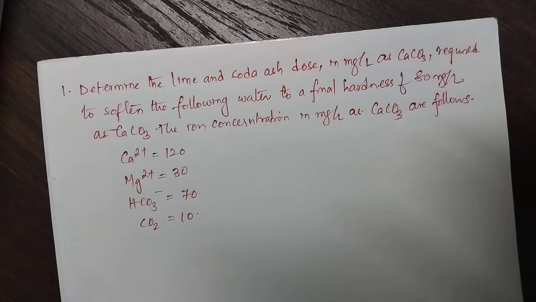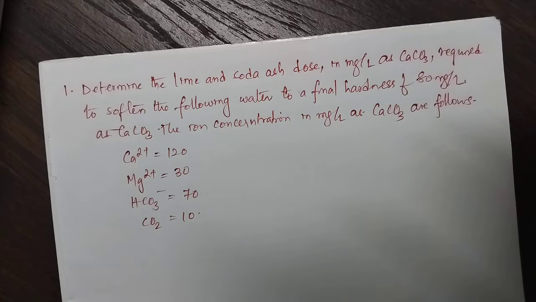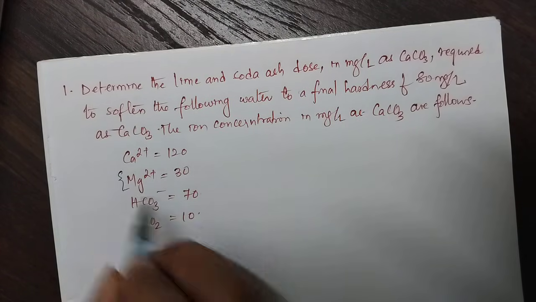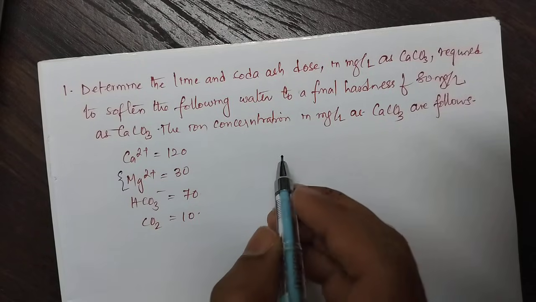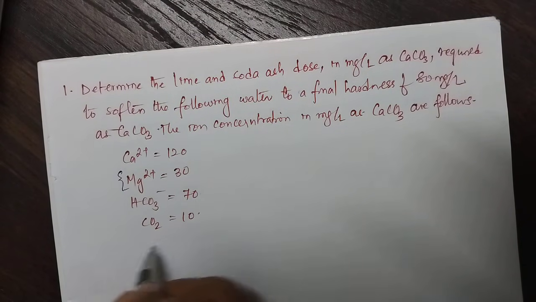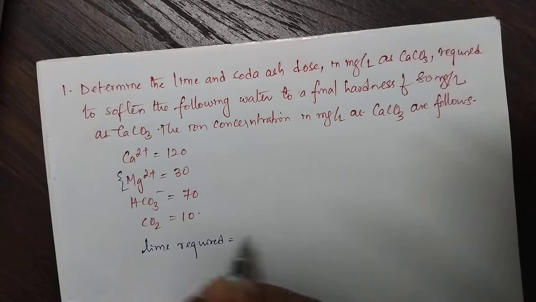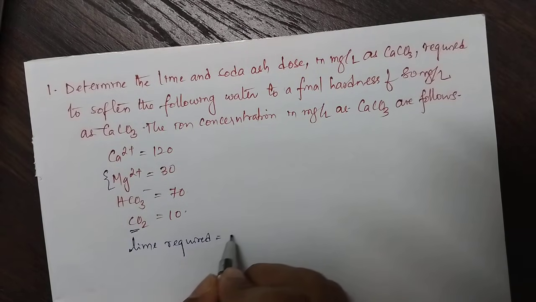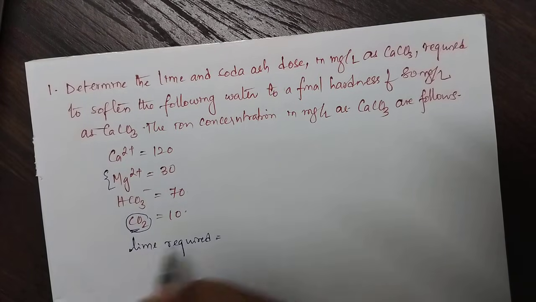Please refer to the slide on chemical dosage, where the amount required particularly for Mg2+ is given. So basically the amount of lime required, we start with CO2 first. Whatever the amount of CO2 is there, the equivalent amount of lime is required.